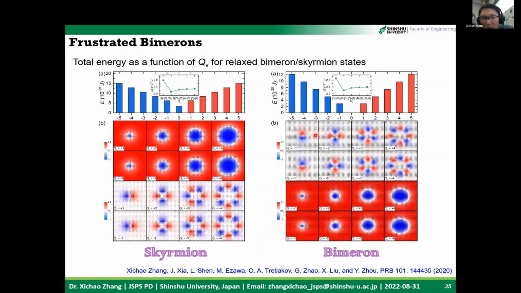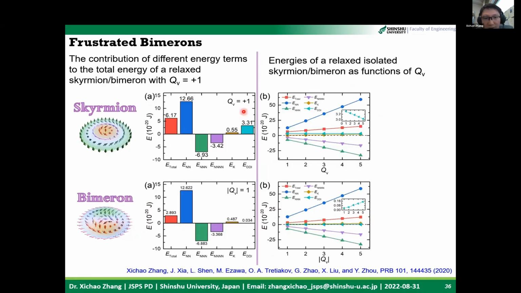We also compare the total energy of a relaxed bimeron and the skirming as a function of the vorticity number. And we find the total energy of the bimeron and the skirming increases with the absolute value of its vorticity number, and the size of the bimeron and the skirming also increases with the vorticity number.